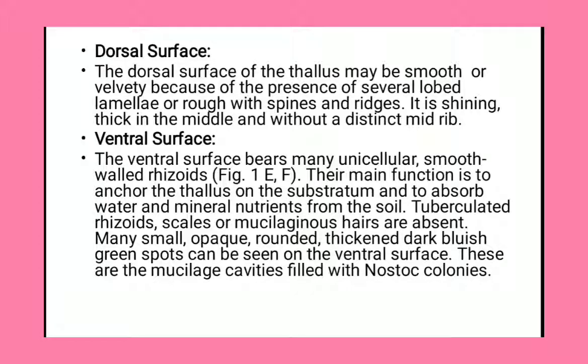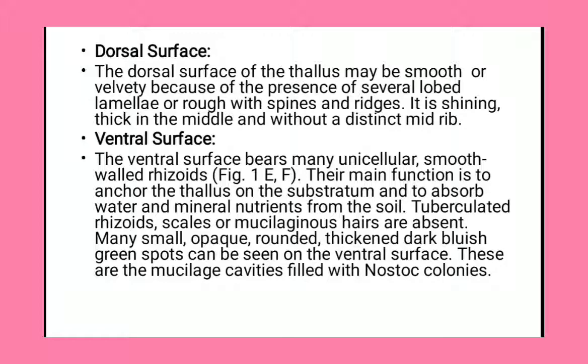The ventral surface bears many unicellular, smooth-walled rhizoids, and the main function of the rhizoids is to anchor the thallus on the substratum and to absorb water, minerals and nutrition from the soil. Tuberculated rhizoids, scales or mucilaginous hairs are absent.